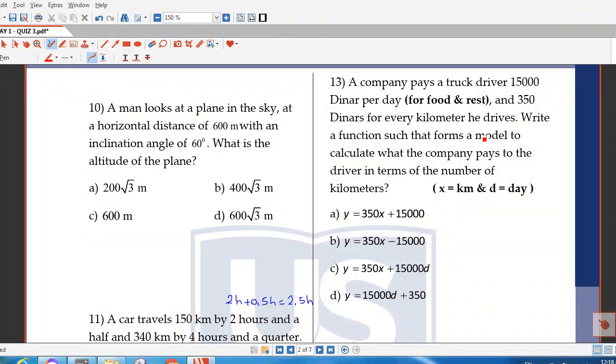Here we are going to calculate the daily payment for the driver.